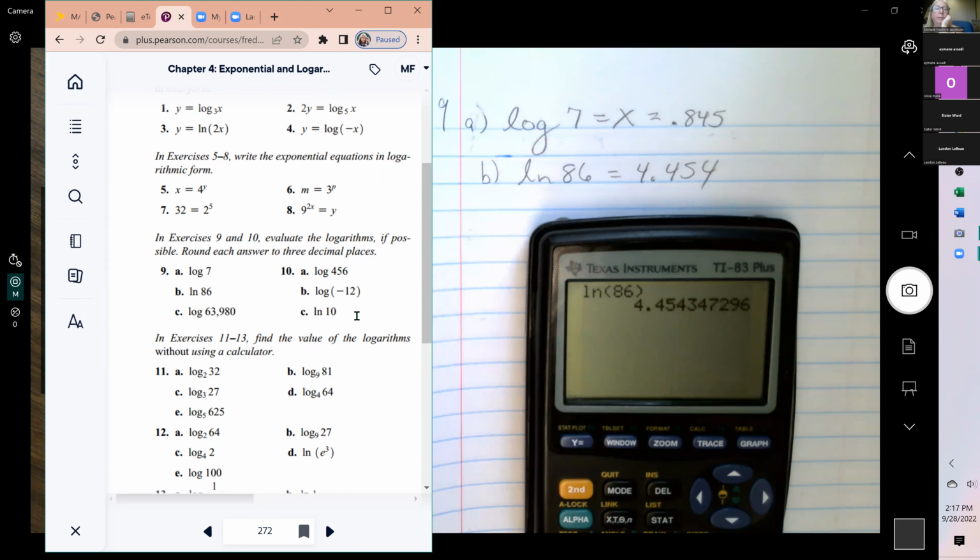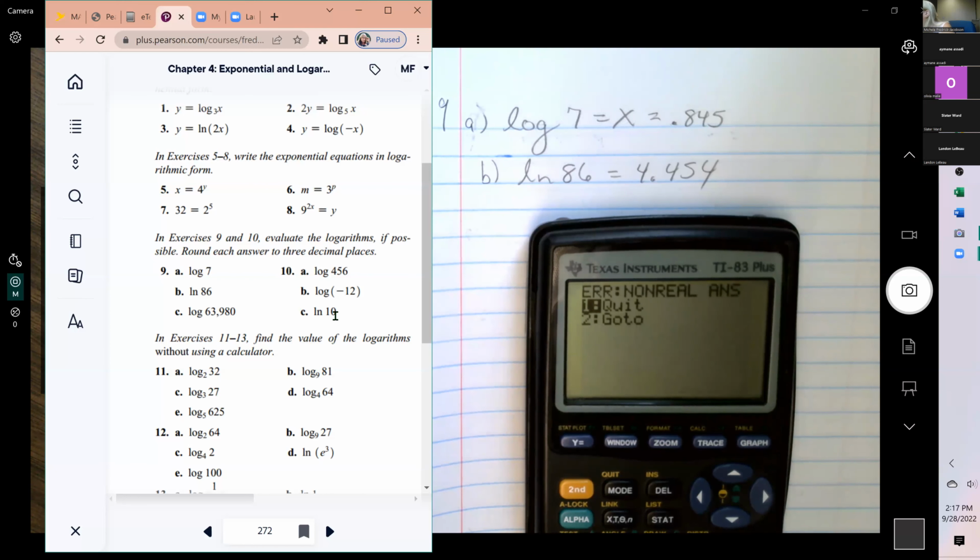Notice the B, this one, log of -12. You should get an error because you cannot take the log of a negative number and you can't take the log of 0. So if we click log of -12, it's not a real solution. That also goes for natural log of -5. It's an error.